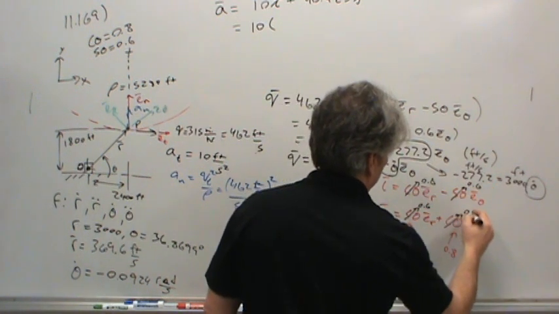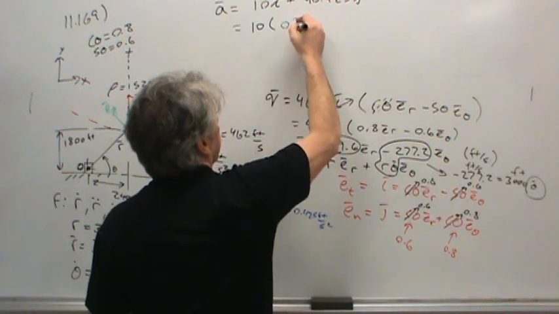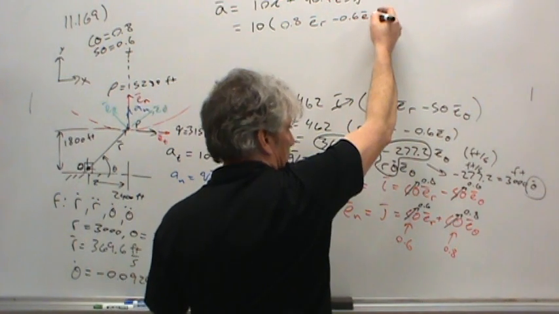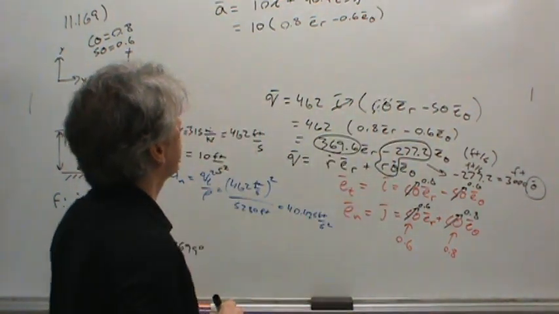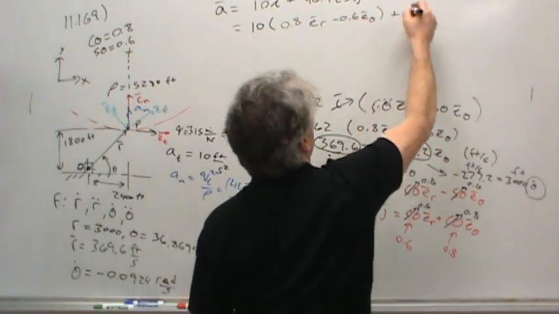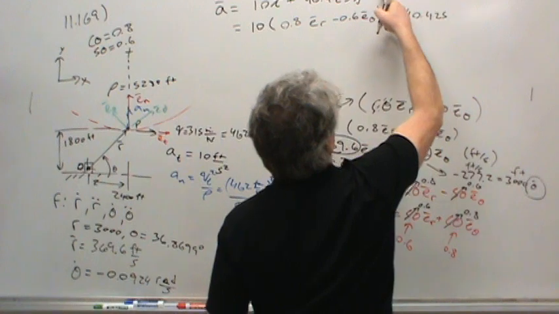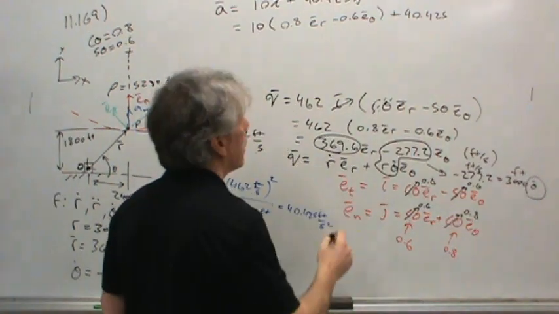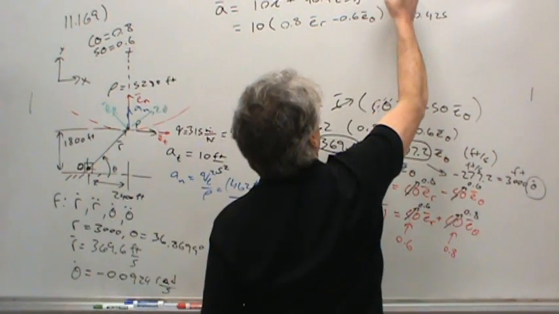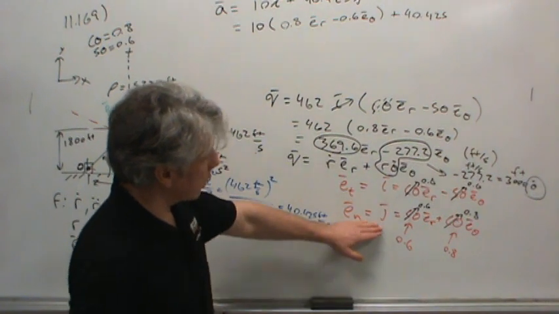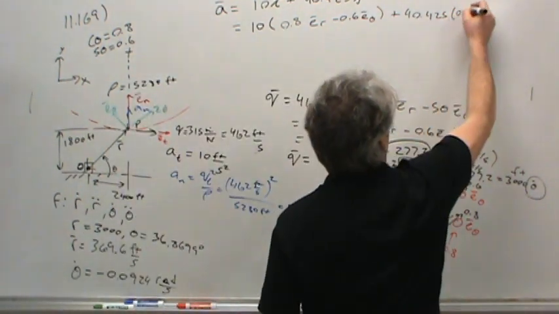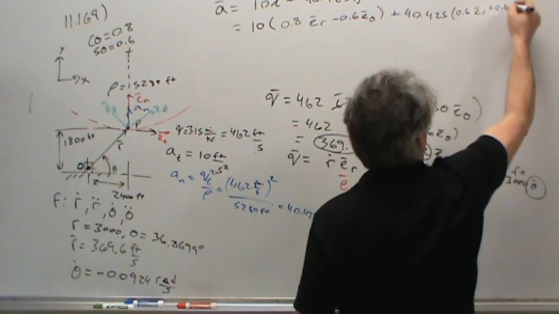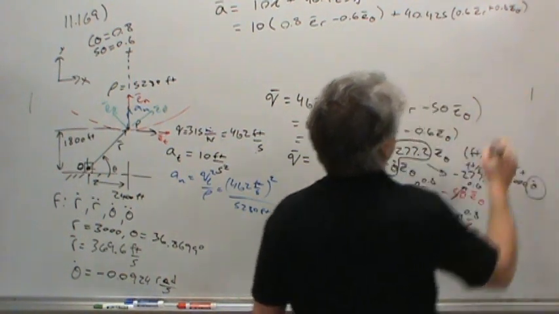So 80% ER minus 60% E theta, transverse direction, plus, from here, 40.425 En, or also J, is 60% of ER, plus then 80% of E theta.